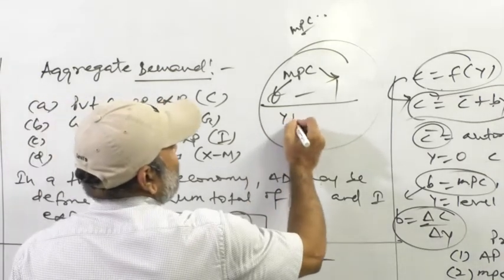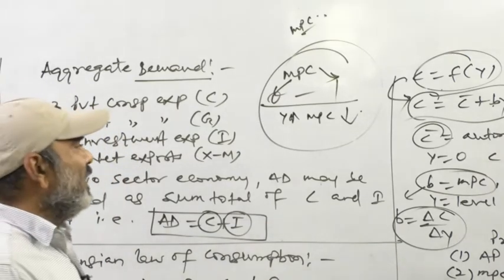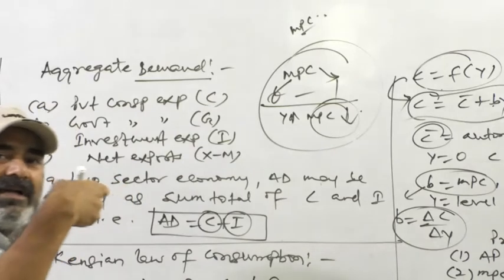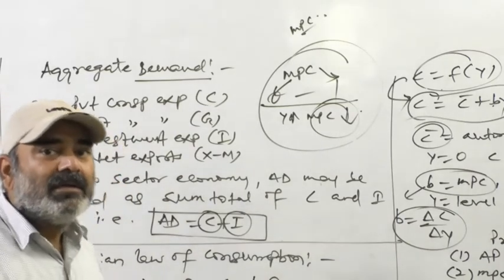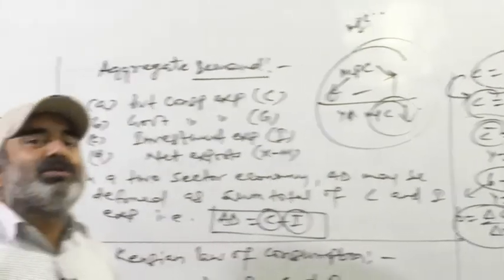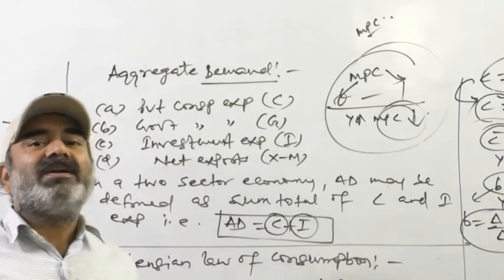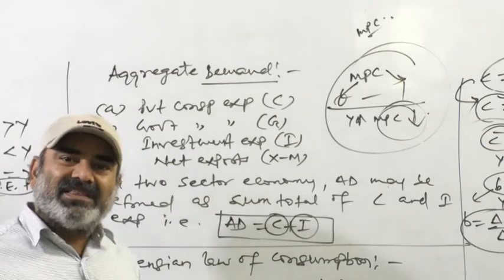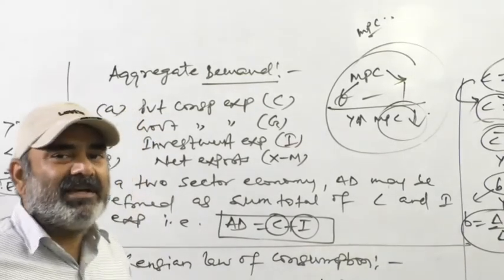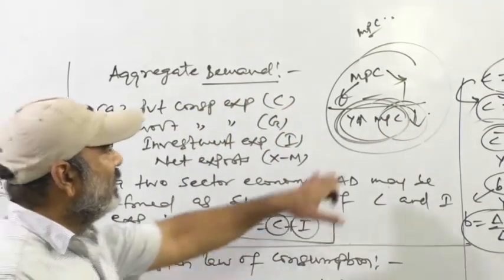That is why as income increases, MPC decreases. अमीर लोगों के केस में देखा गया है, रिचर कम्युनिटीज के केस में देखा गया है कि उनका MPC कम होता है एज कंपेयर टू द पुअर कम्युनिटीज, क्योंकि जो गरीब होते हैं उनके बेसिक नीड्स अनफुलफिल्ड होते हैं. इसलिए जब उनकी इनकम बढ़ती है तो बढ़ी हुई इनकम का मेजर पार्ट उनके नीड्स को सेटिस्फाई करने में खर्च हो जाता है. लेकिन अमीर लोगों की ज्यादातर नीड्स पहले से सेटिस्फाइड होती है, तो उनकी इनकम जब बढ़ती है तो उस हिसाब से उनका खर्चा नहीं बढ़ता है. इसलिए बोलते हैं कि गरीबों का MPC अमीरों के MPC की तुलना में ज्यादा होता है.